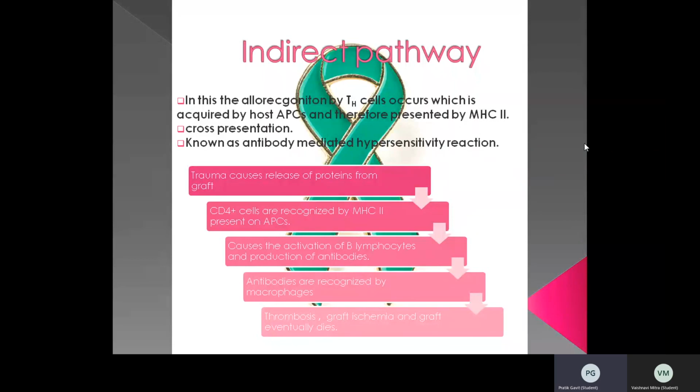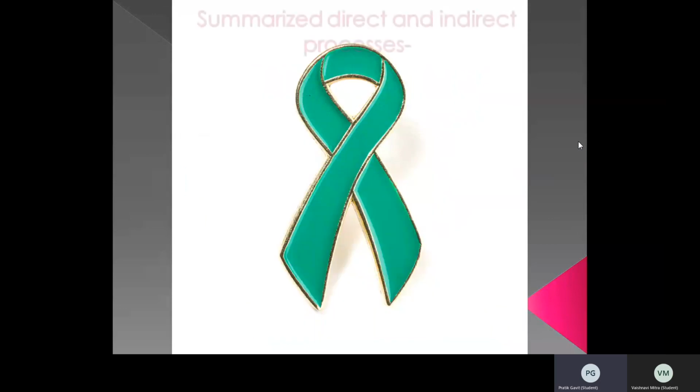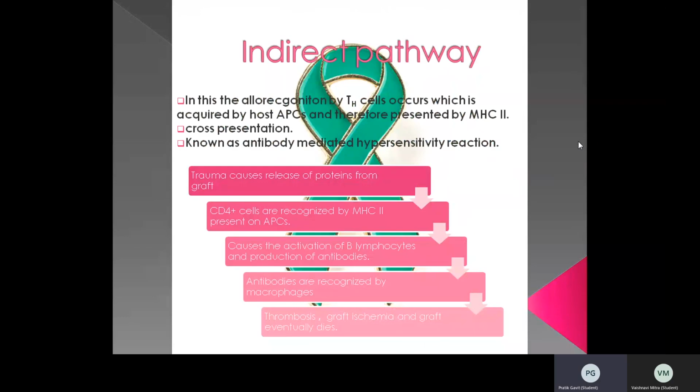So this process is also called an antibody mediated hypersensitivity reaction because in this process, antibodies are produced. As antibodies are produced, plasma cells are activated, and antibodies are released in the graft. These antibodies, which are dispersed in the graft tissue or organ, will act as flags of destruction for the graft cell.